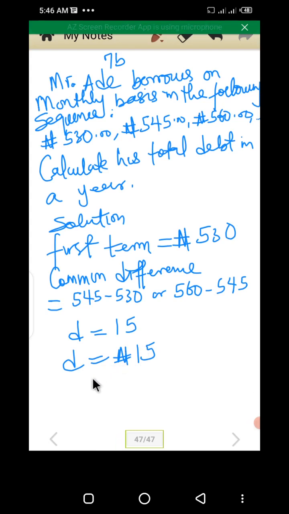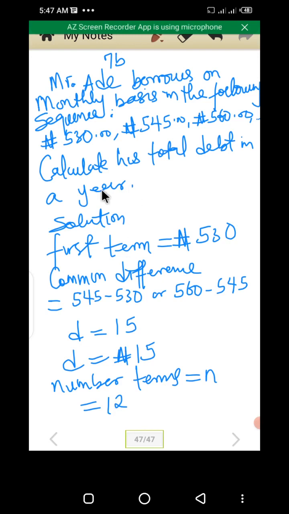Now, to find the debt in a year, the number of terms n is equal to 12.